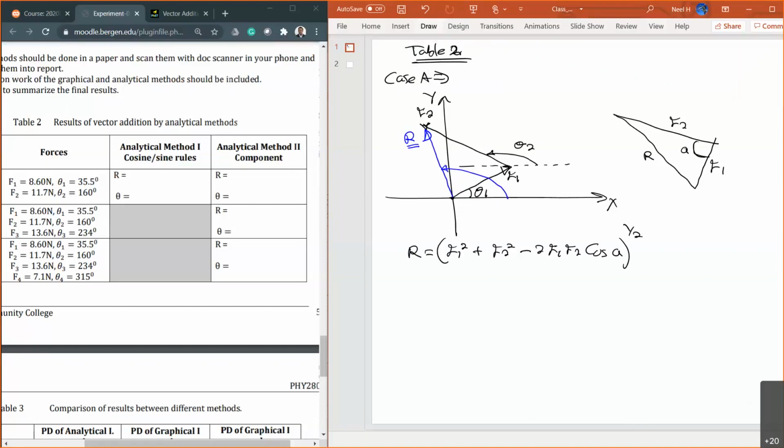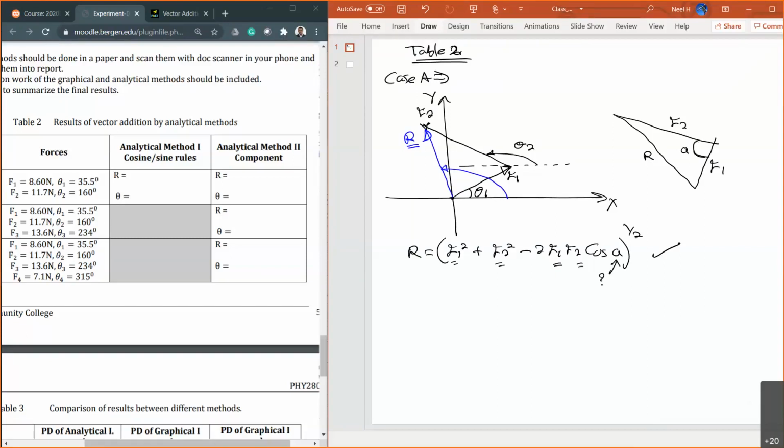Now these are known, right? f1 is given, f2 is given, and 2 is a constant. All I need to figure out is this angle. If I figure out that angle A, then I can simply solve this. That's how easy the mechanics of these methods are, instead of drawing, right?